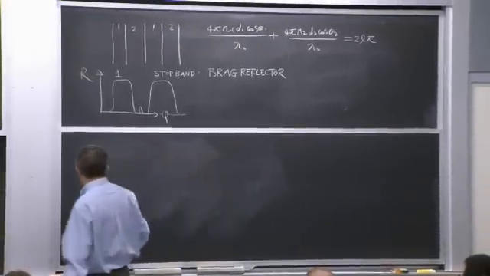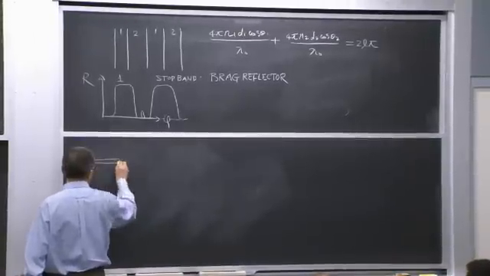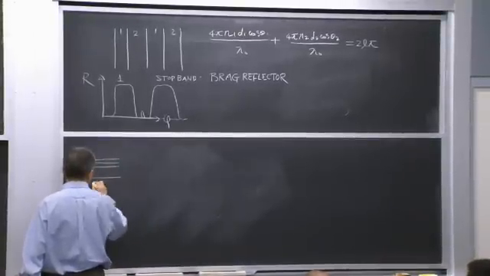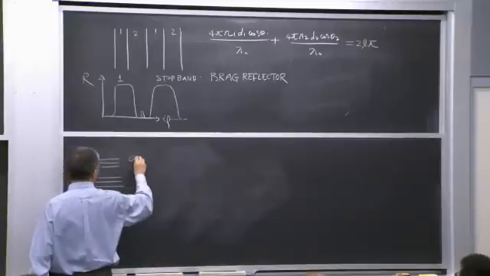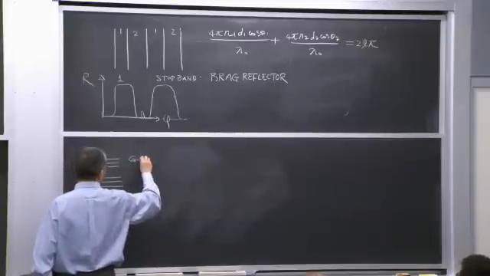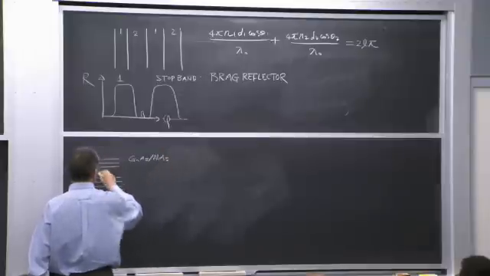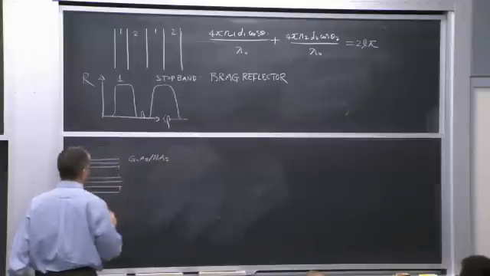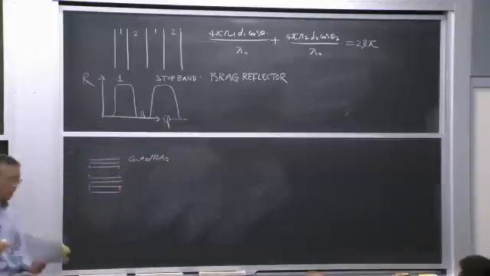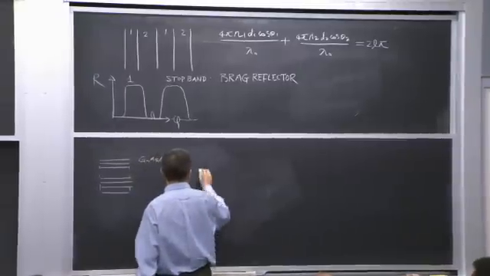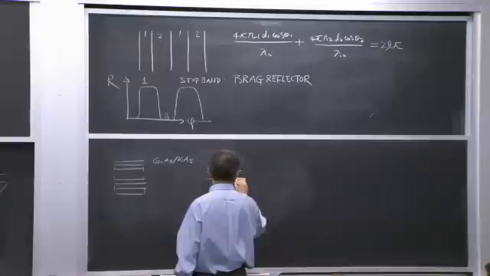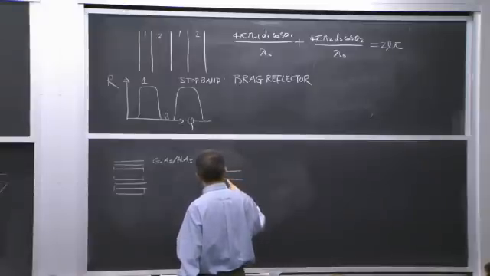One is the semiconductor laser. Some of the semiconductor lasers are actually made of gallium arsenide, aluminum arsenide, right? Normally a semiconductor laser has two configurations. One is the edge emitting. So this is a quantum well.